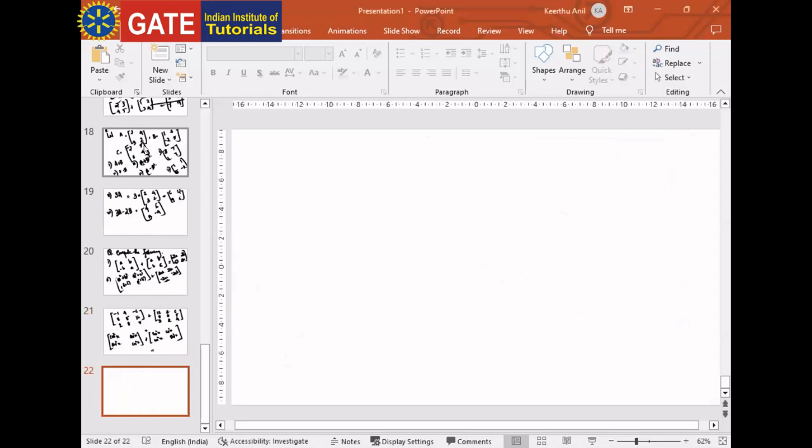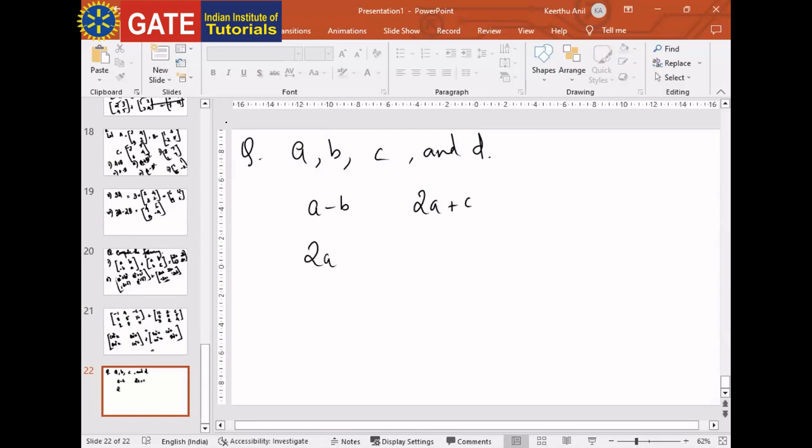Another question you can write. Find the value of A, B, C, and D from the equation: A minus B, 2A plus C, 2A minus B, 3C plus D equals minus 1, 5, 0, 13.